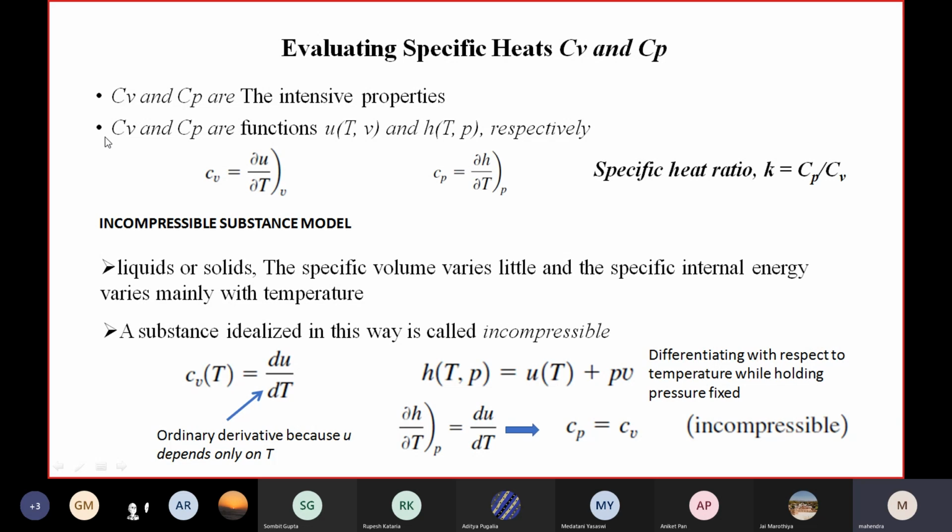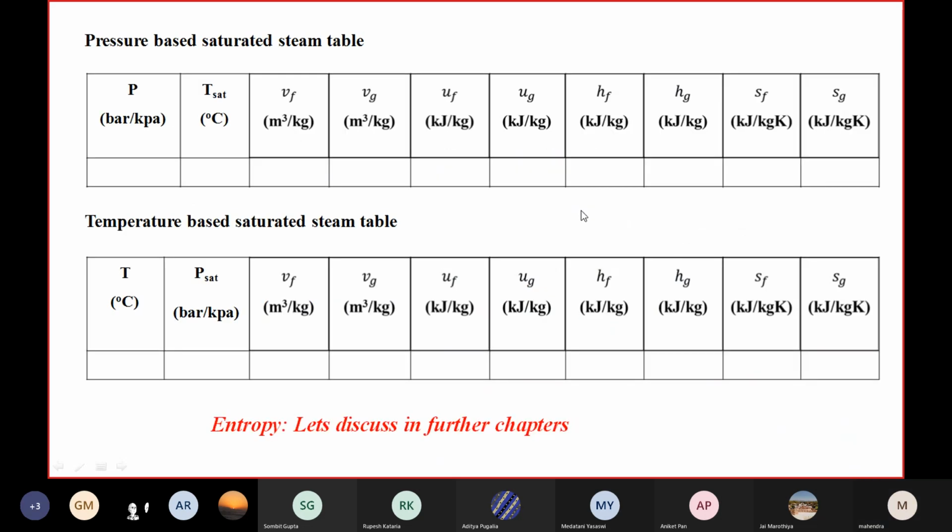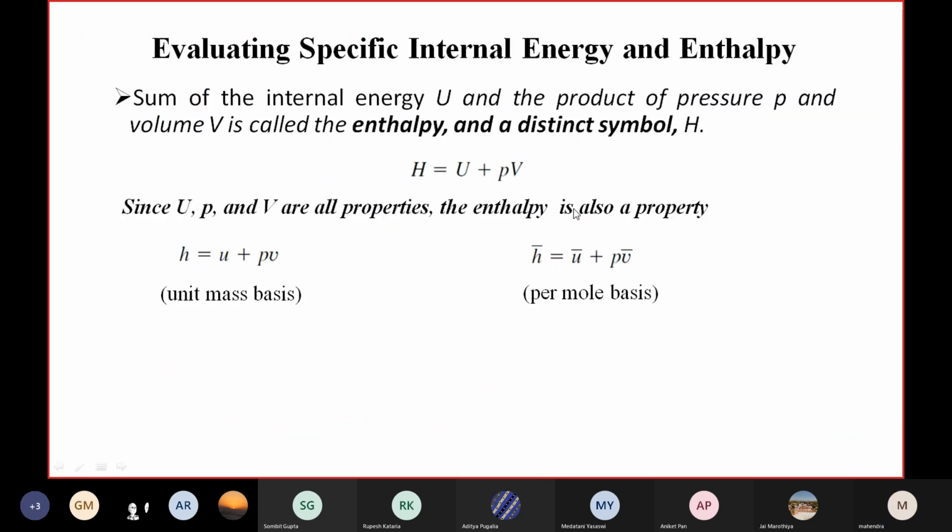Why? Because for specific heat at constant volume, why only internal energy? Once you take this equation, in case of constant volume there is no change in the volume, so that would be 0.